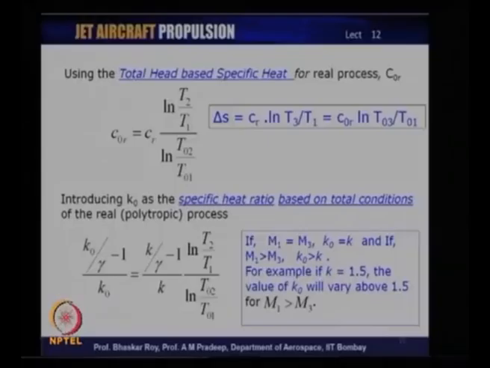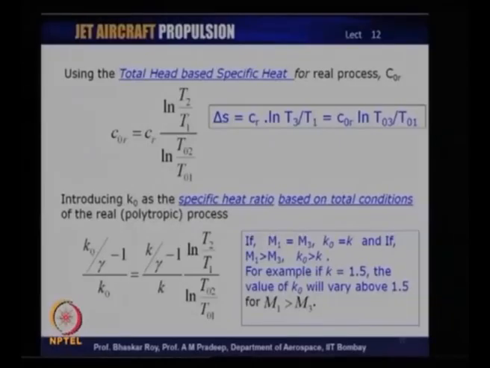Now, that brings us to the point that if we do that, then the specific heat ratio that we have talked about K for a polytropic process also should be shown in terms of the total change of parameters, and we can say it is depicted as K 0 for a real polytropic process.